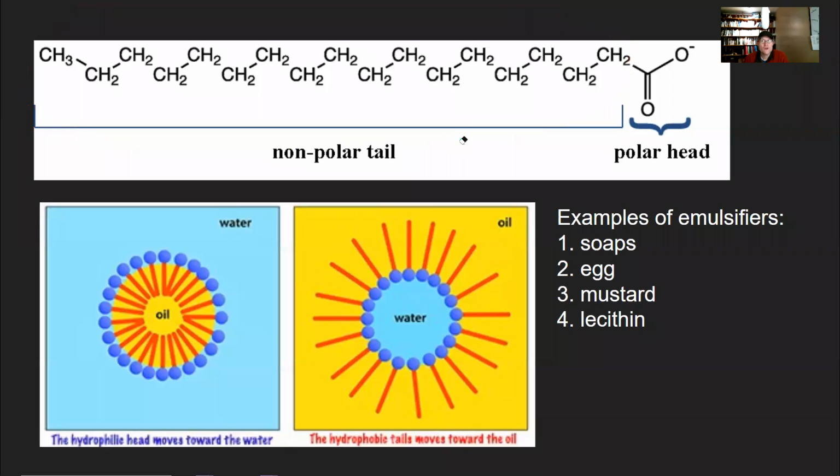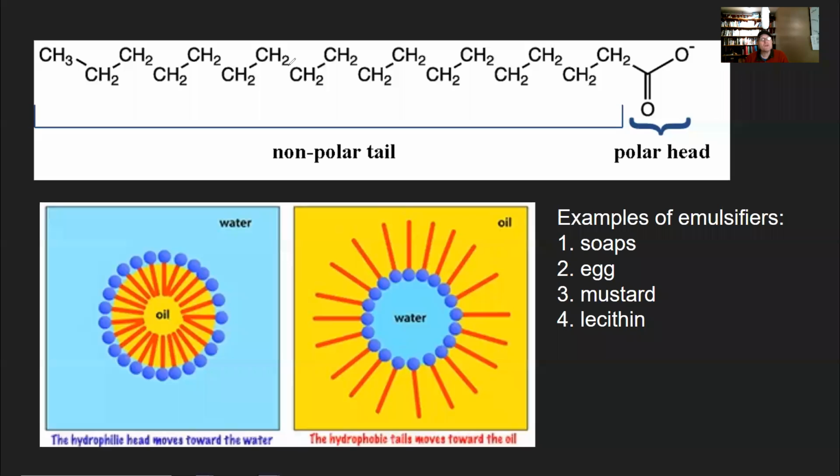So how does that all work then? Well, if you have oil and water, and you're trying to get those to mix, the non-polar ends would be sticking into the oil, the polar ends would be sticking into the water, and you would have now a combination where it is dissolving in both of them at the same time.